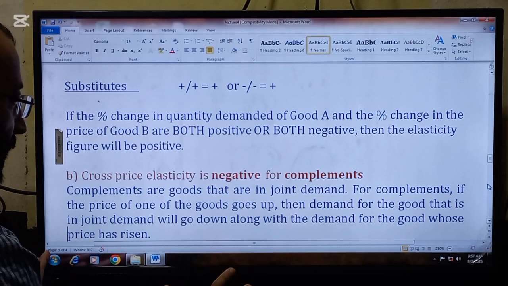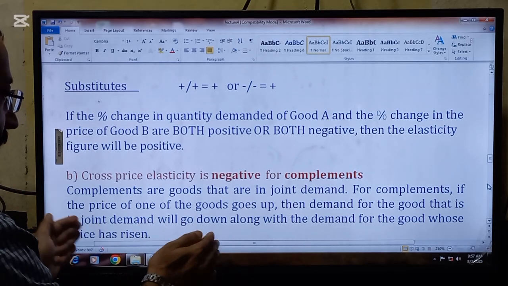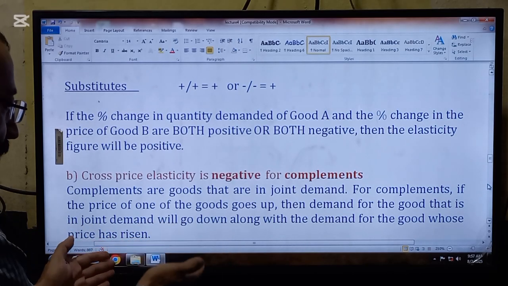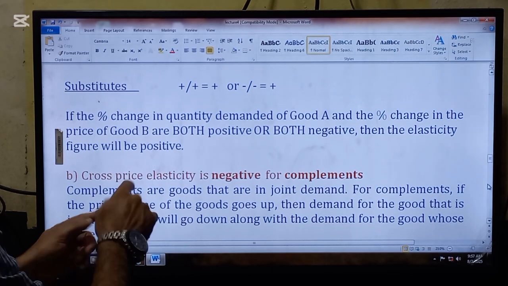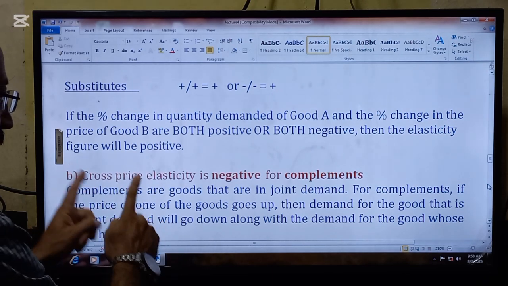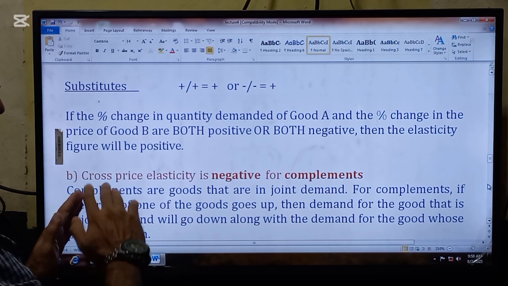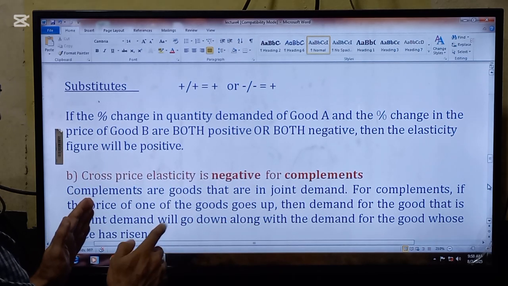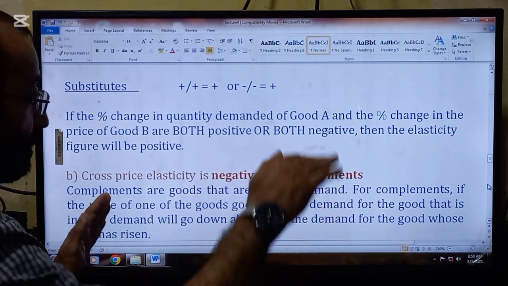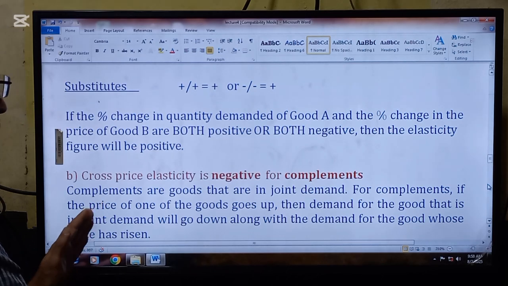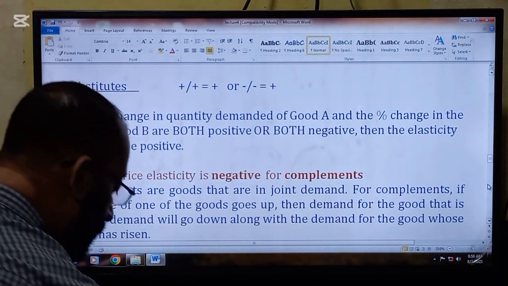The explanation is that they are in joint demand. If the price of one good rises, definitely the demand of that good will go down. At the same time, the demand of the good that is in joint demand will also go down, because they are in joint demand.